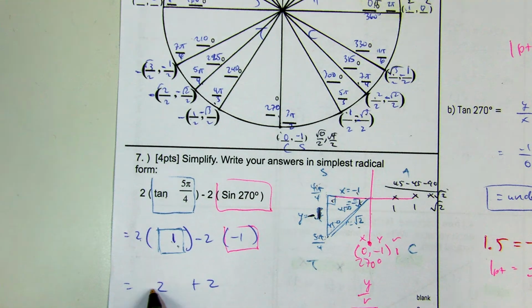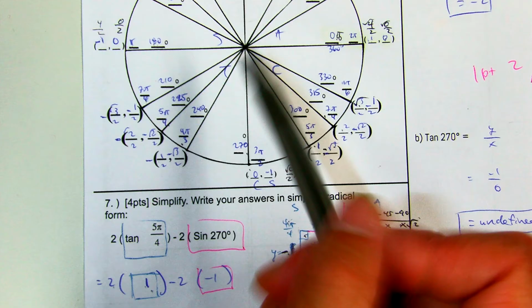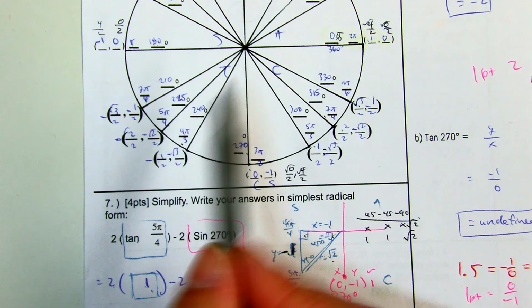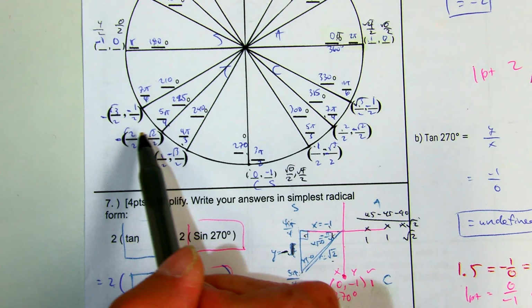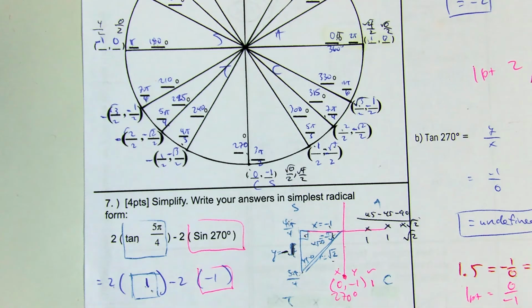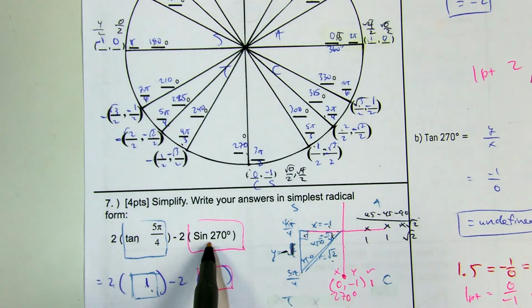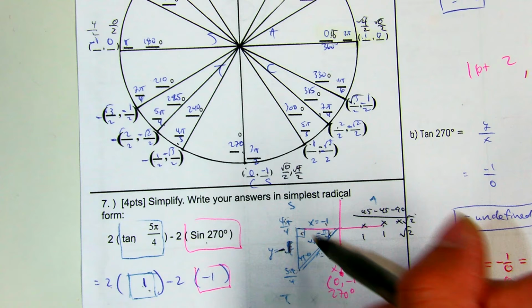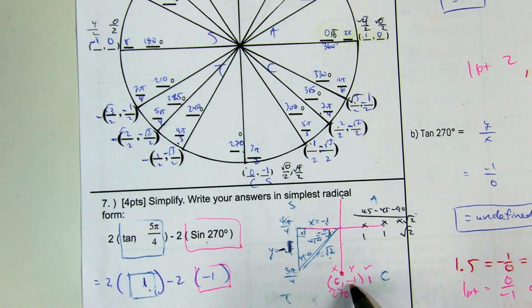If you're using the unit circle, you would just go to 5 pi over 4. Tangent is y over x, so negative radical 2 over negative radical 2 is positive 1. Sine at 270 is a quadrantal angle. 0, 90, 180, 270. The ordered pair is 0, -1, and the r value is 1.